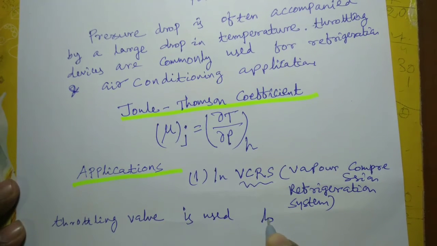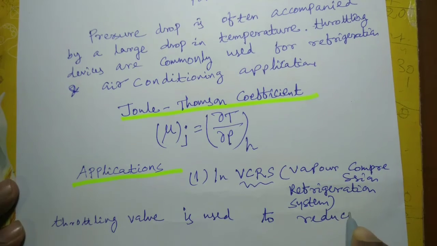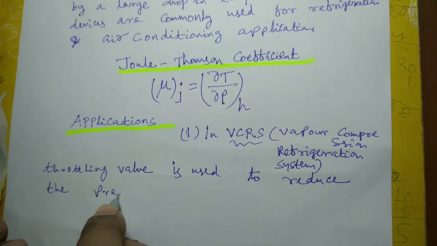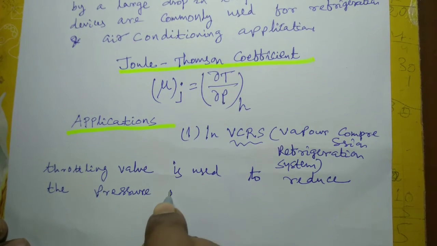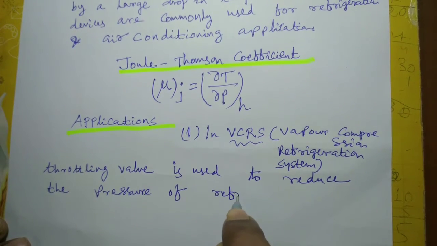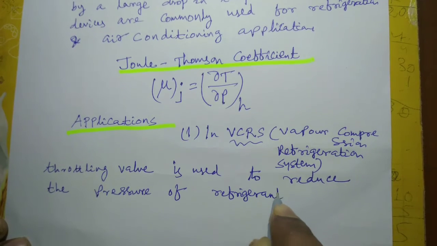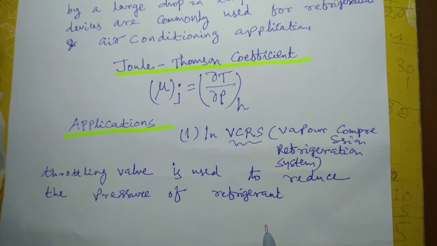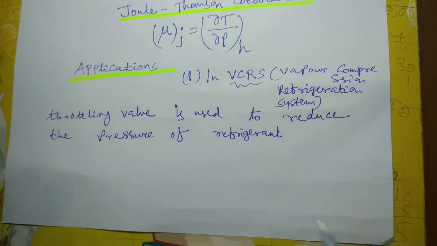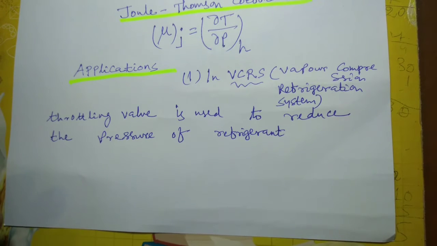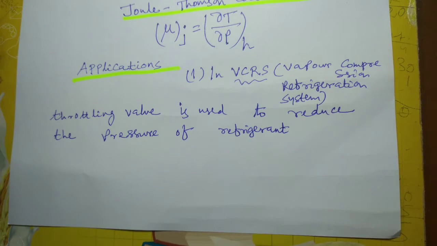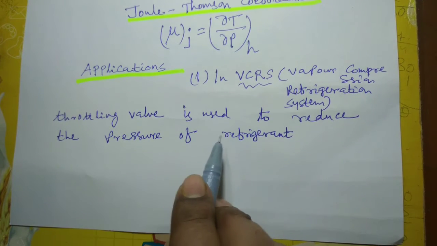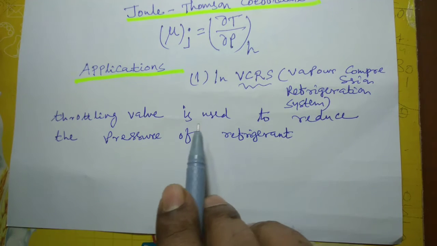of refrigerant. ये refrigerant है working fluid that operates in a refrigeration cycle. Refrigerant is nothing but a working fluid that flows through the refrigeration cycle. So throttling valve in vapor compression refrigeration system, what does it do?